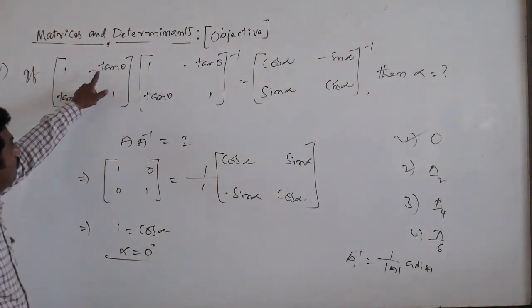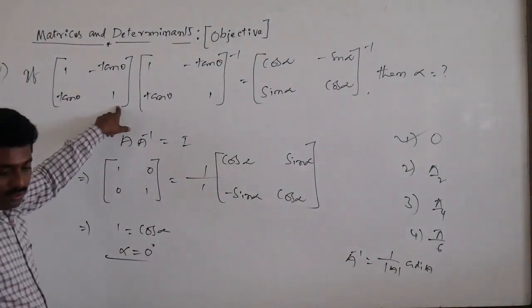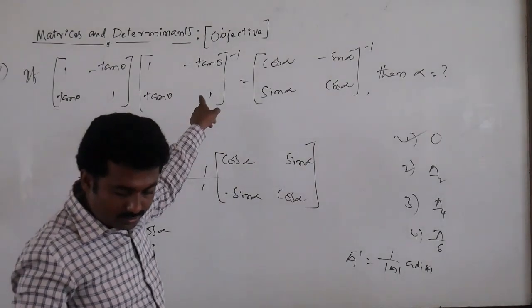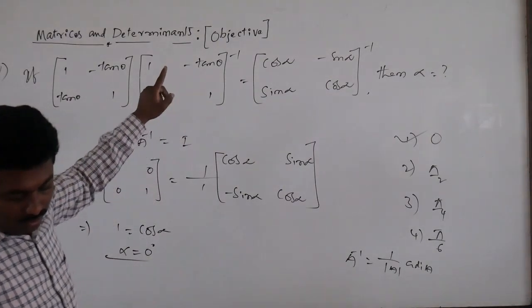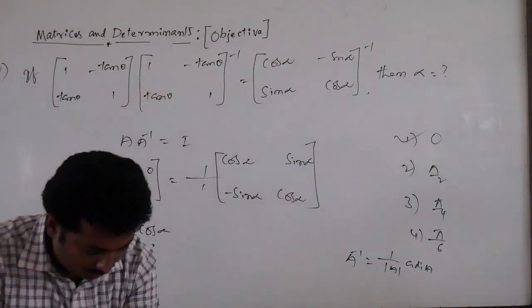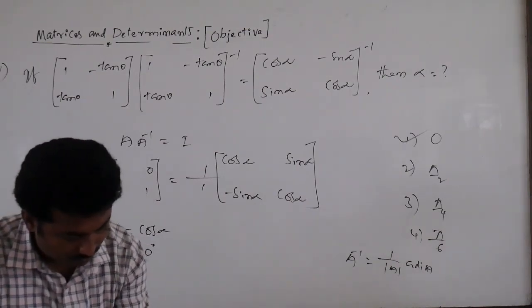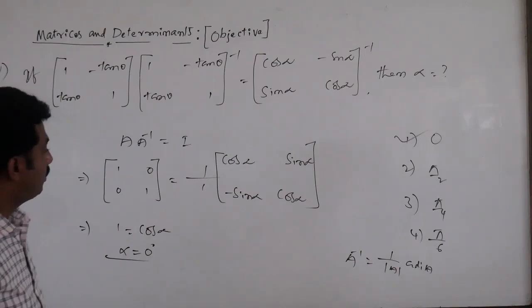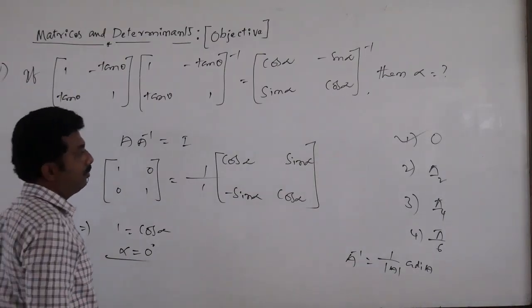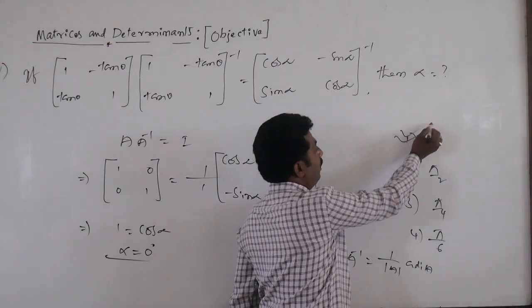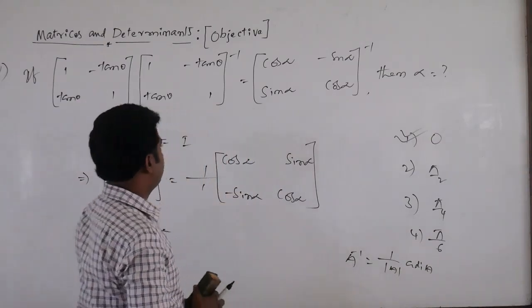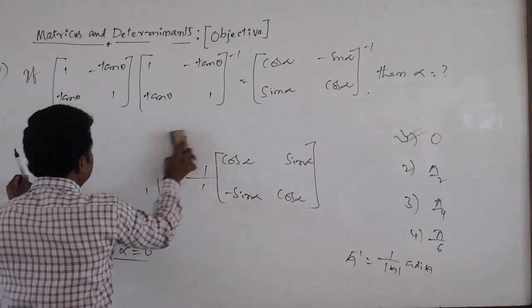Both are the same matrices, so A inverse equals identity matrix. Sorry, I said pi by 2, but this is alpha equal to 0 radians. So clearly the first option is the answer. Next.